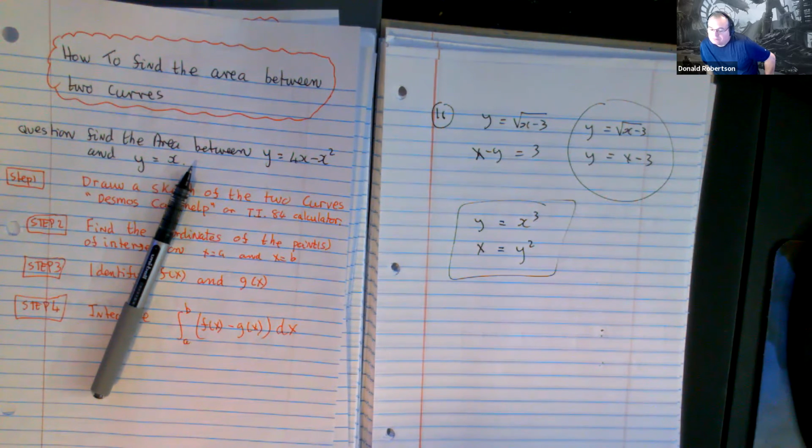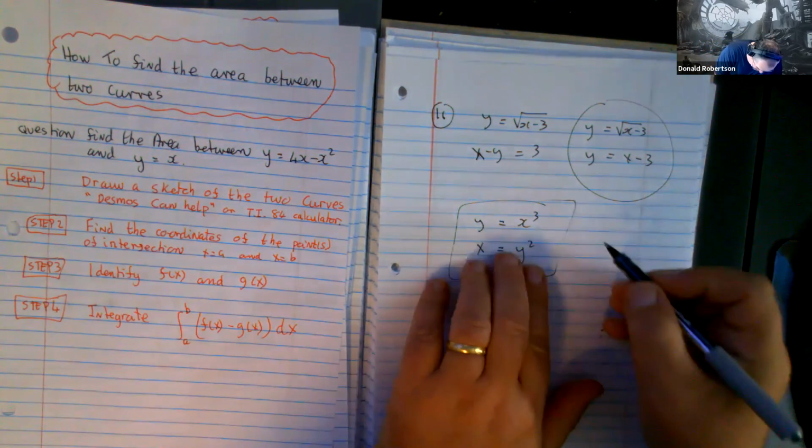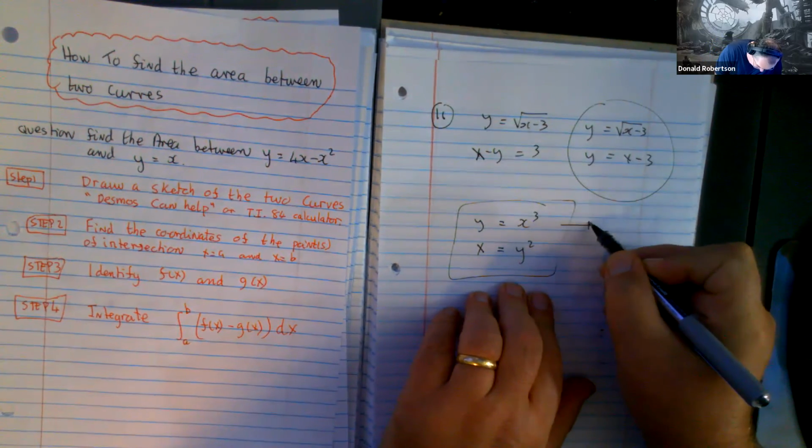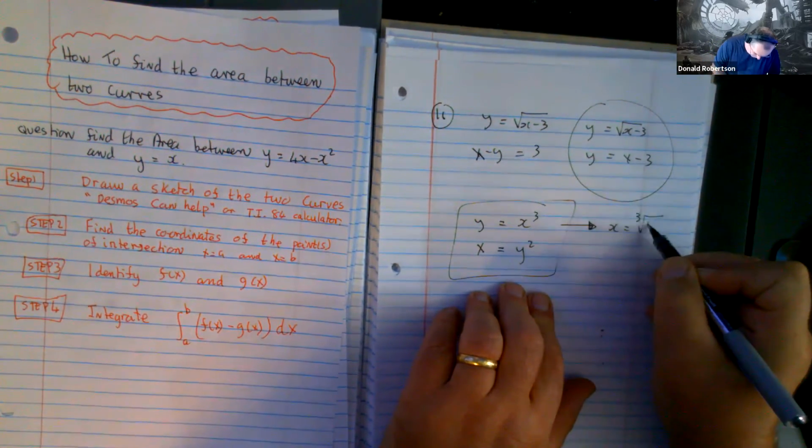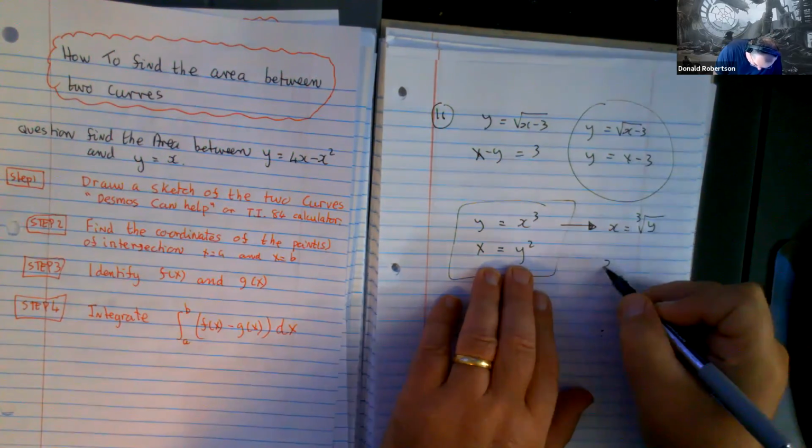I need to figure out a way of adjusting them so that they both agree. For instance, this fella here, can't he be turned into cube root of y? And I can keep that one alone.